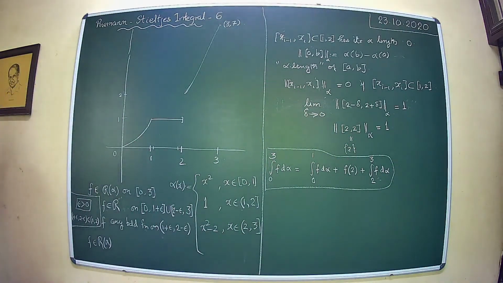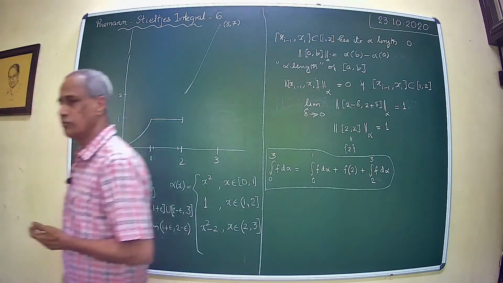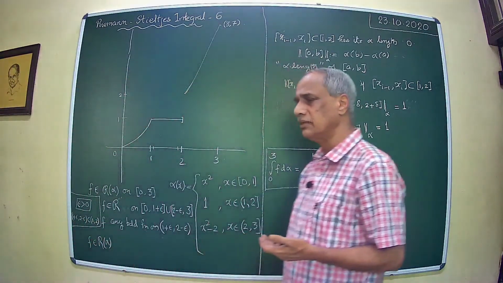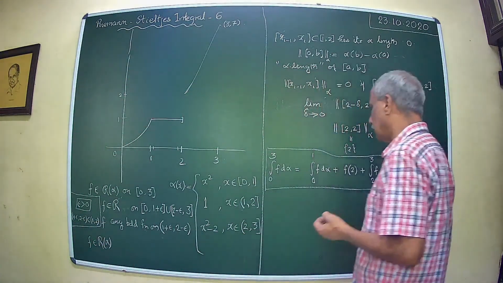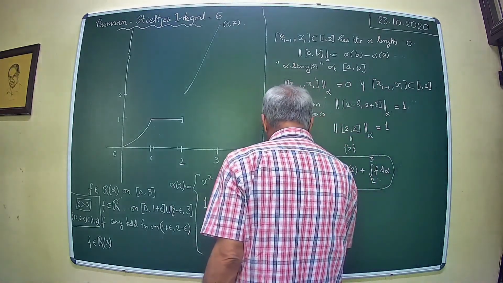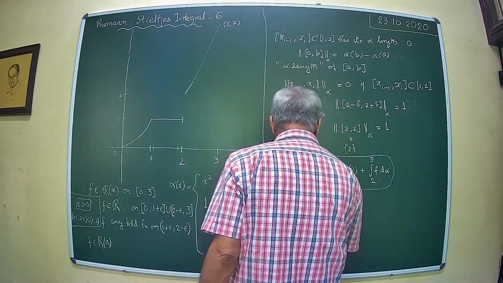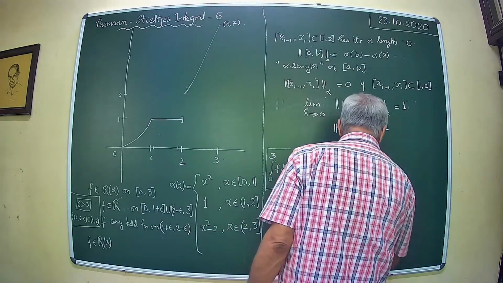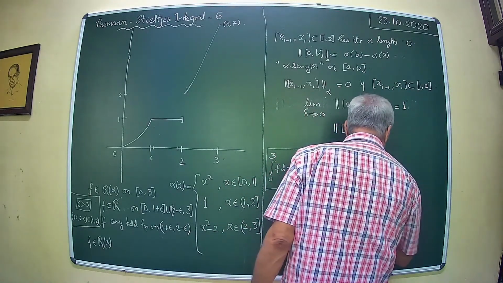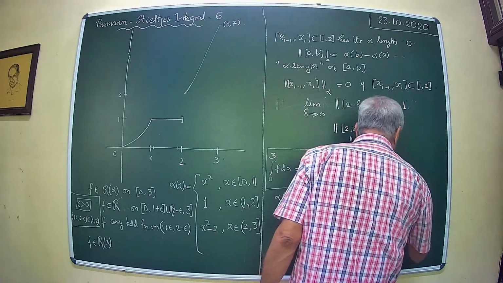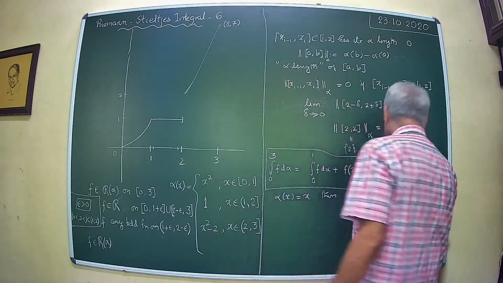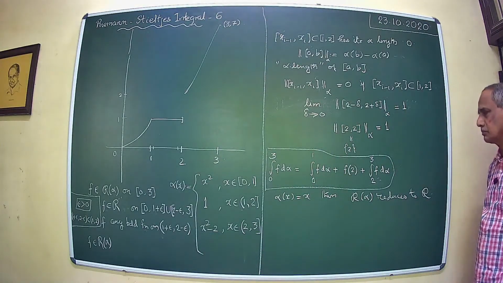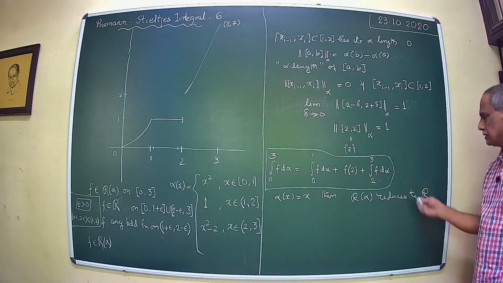It is in a way a generalization of the usual Riemann integration: if you choose alpha x equal to x, R alpha reduces to the class R. Okay, this is a special case.